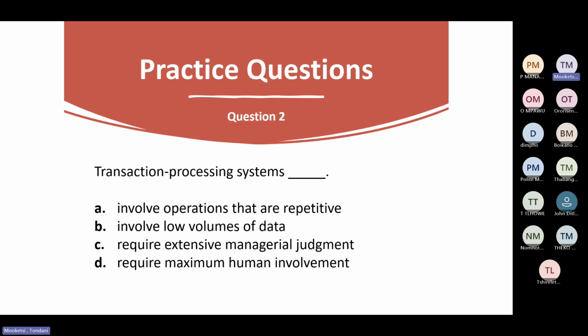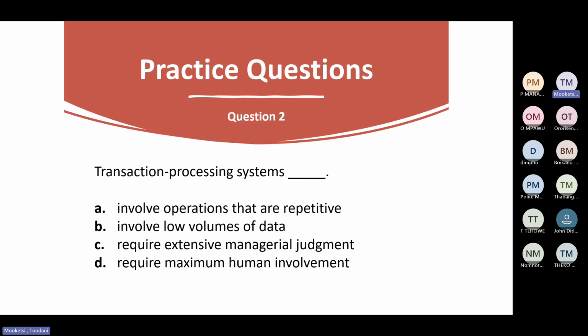Okay, yes. So the question was, transaction processing systems involve operations that are repetitive, involve low volumes of data, or C, require extensive managerial judgment, or require maximum human involvement. You can just choose one option.